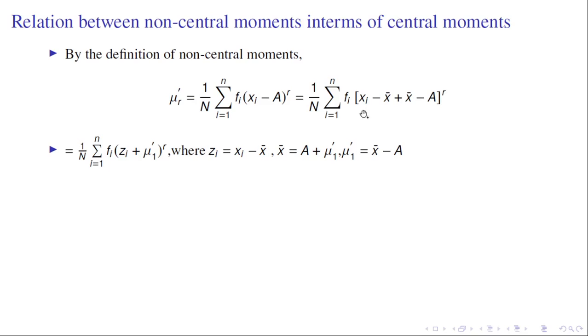Now this becomes (1/n) Σ from i = 1 to n of fi (xi − a) = z. We have already seen this is the transformation: xi − x̄ = zi. Look here, we know the mean is nothing but a plus the first raw moment, the first non-central moment: a + Σ fi ui / (n·c).